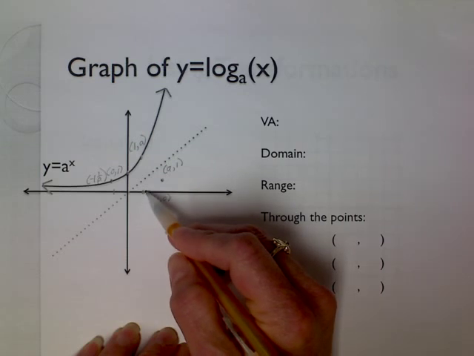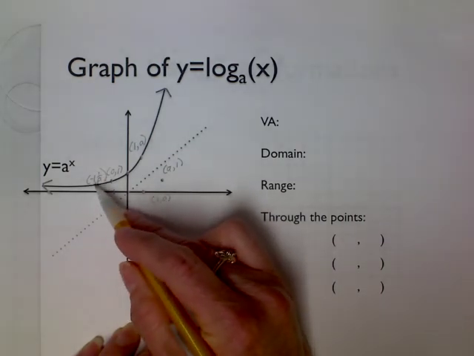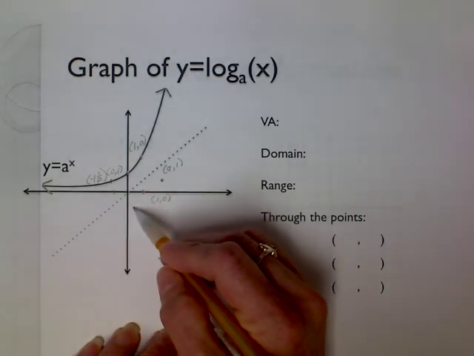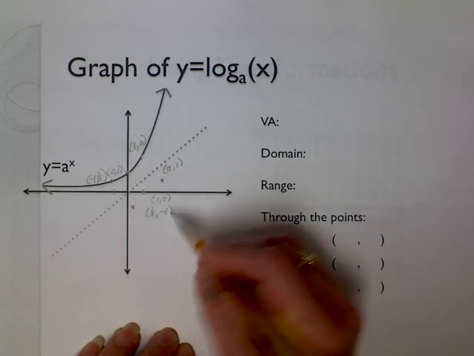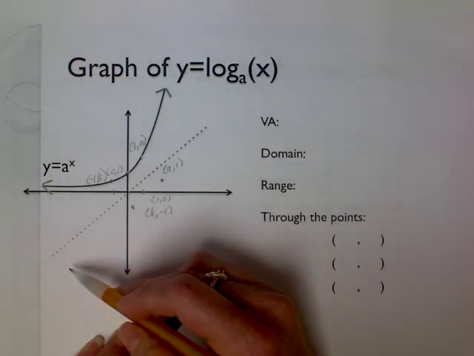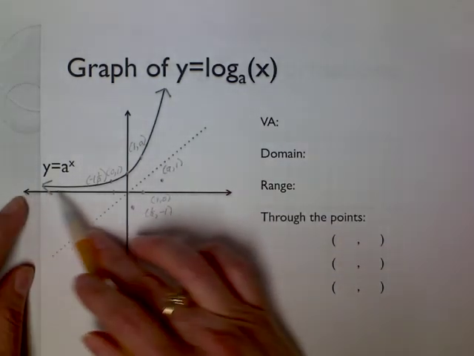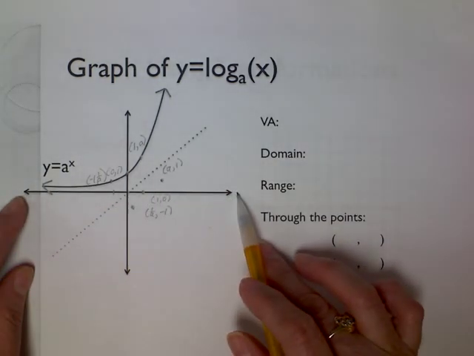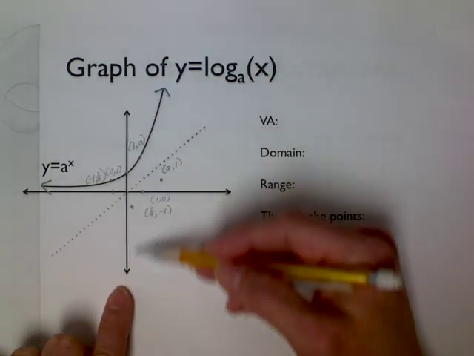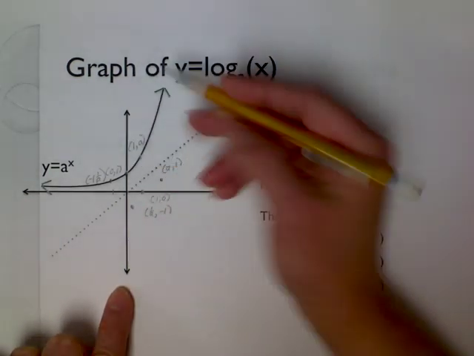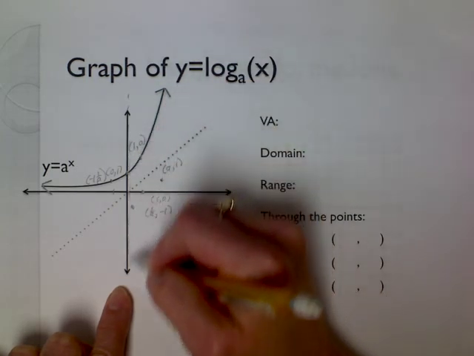And then I'm going to go to (1/a, -1). So here we are. We'll call that (1/a, -1). Also remember that it had a horizontal asymptote at 0, and so our graph, because it's the inverse, is going to flip that, and the asymptote will become the vertical asymptote, and it will also be at 0.